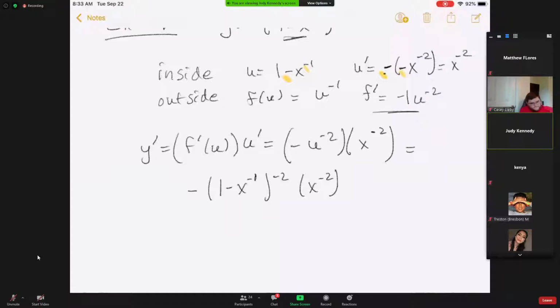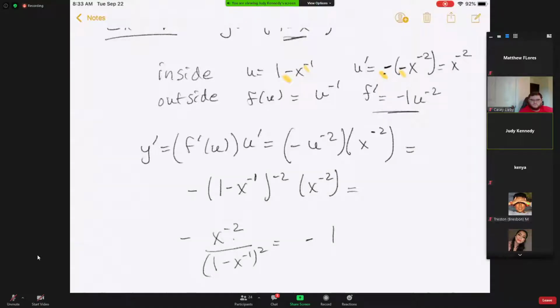Some of these are not going to simplify very well. I think this one probably wouldn't. We could write it in a different form. We could write it as that, and in fact, I could take that top thing to the bottom too.